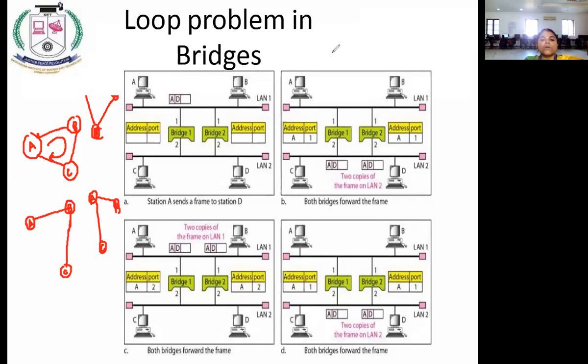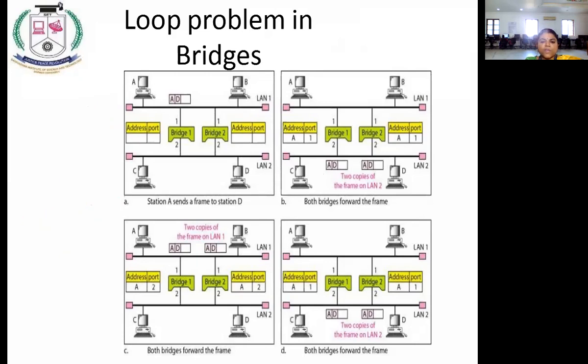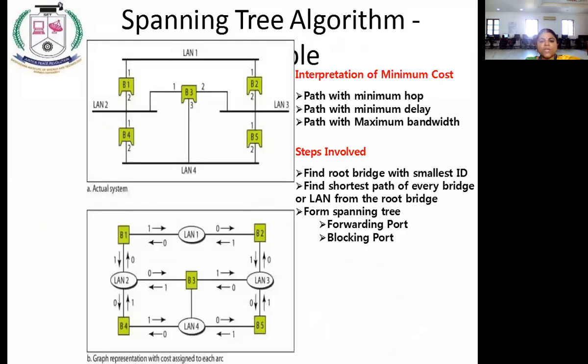Okay, with this example, next class we will explain this loop problem in bridges, and I will also tell you about the spanning tree algorithm, which is very important and a very interesting algorithm, based on a graph representation of the network.